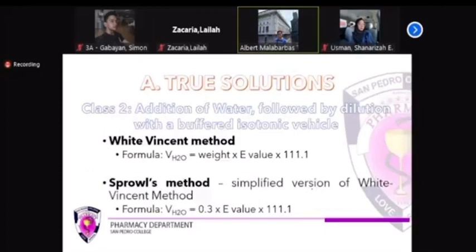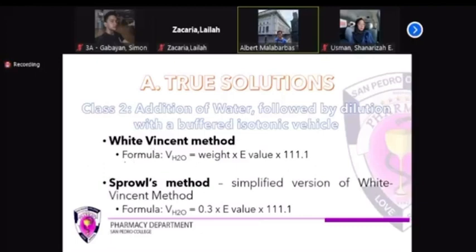Okay, next, how about your class 2 methods? Your class 2 methods involve the addition of water to make our hypertonic solution isotonic. To make this one, we have 2 methods, White-Vincent or Sproul's method.